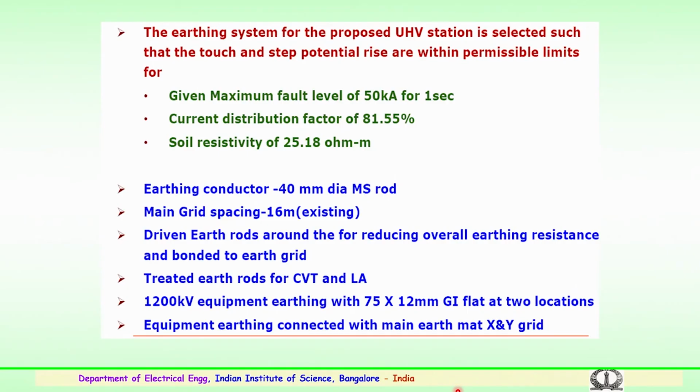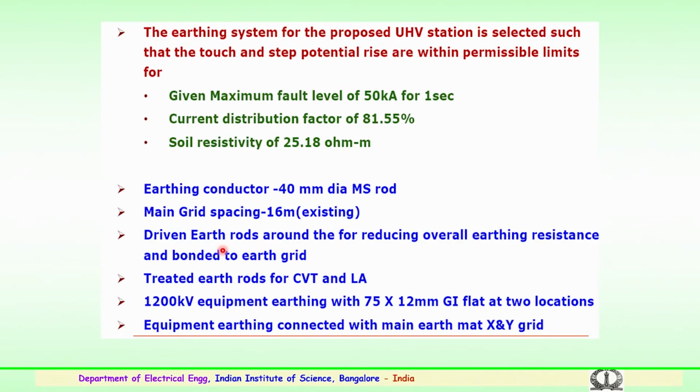Say, for a given maximum fault level of 50 kiloamps for 1 second, a current distribution factor of 81.55% and a soil resistivity of 25.18 ohm meter, the earth conductor should be of 40 millimeter diameter mild steel rod. The main grid spacing should be 16 meters, which could be the existing one. Then driven earth rods around the grid are used for reducing the overall earth resistance and are bonded to the earth grid.